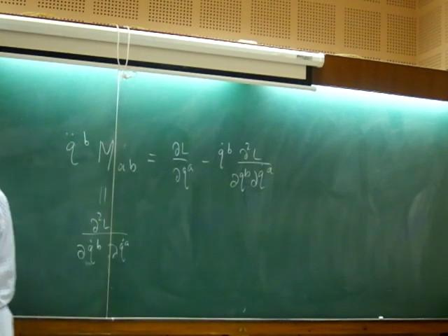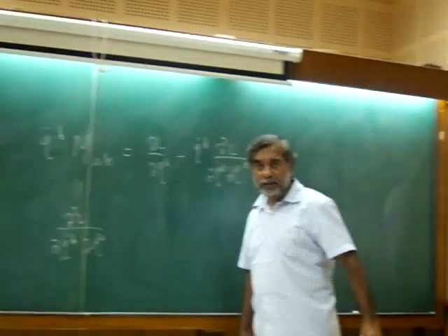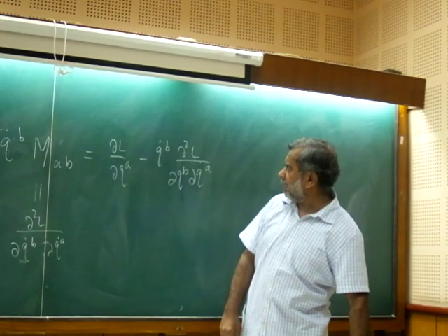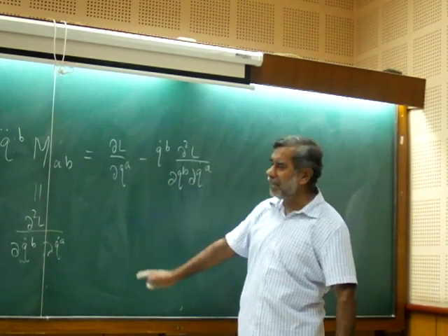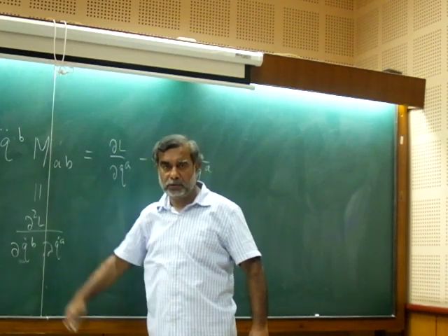So you can see now that in this equation of motion, where is the acceleration? The acceleration is actually contained here. This is the double dot.